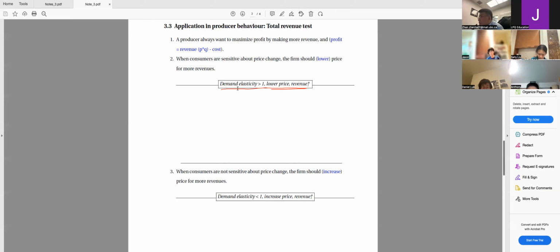For now, we don't care about the reason, maybe lower income, maybe they have more substitutes, a lot of reasons. But if you know they care about price change, remember you should lower the price to make more money.